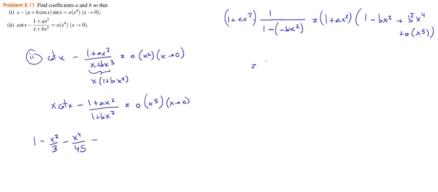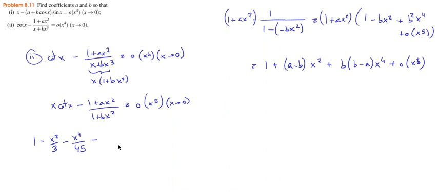This is 1 plus, and then we have a minus b x squared, and if you compute the terms in x to the 4th, you have b squared, and you have a times minus b, so you have b times b minus a, times x to the 4th, and then everything else is small o of x to the 5, right, because you have x squared times x to the 4th. So yeah, that's it, right?